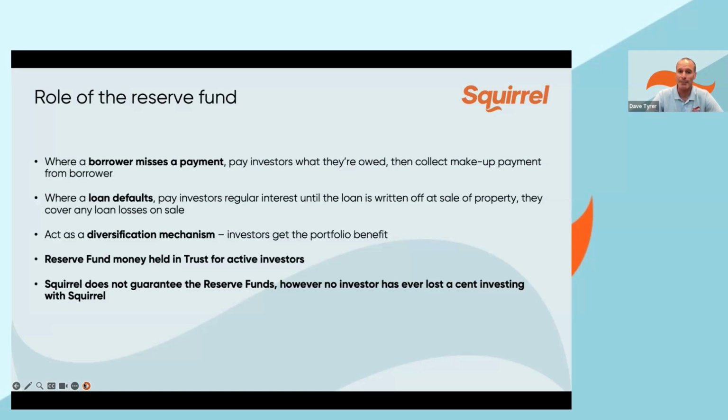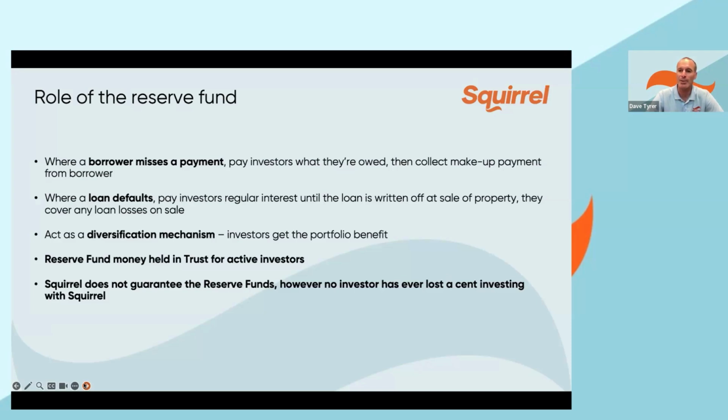If a loan happens to default, so let's say it's a first mortgage-backed loan, the borrower defaults, Squirrel will then initiate the procedure to go through mortgagee sale, as an example. While that's happening, investors continue to receive their interest paid for by the reserve fund.